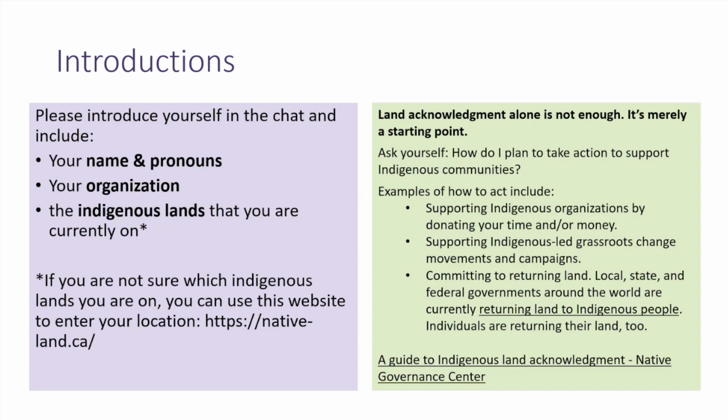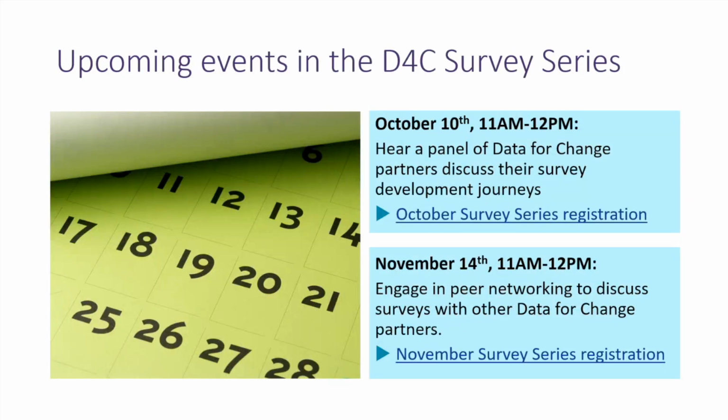Local, state, and federal governments around the world are currently returning land to Indigenous people, and individuals are returning land as well. This information comes from the Guide to Indigenous Land Acknowledgement from the Native Governance Center.